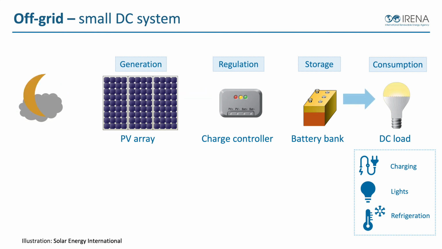Then when the sun goes down, we can use that battery bank and our energy storage to run our electric lighting. Very basic system, and this could be a lot of different sizes and scales, but most of the time this is looking for small DC only systems because we don't have an inverter in here.